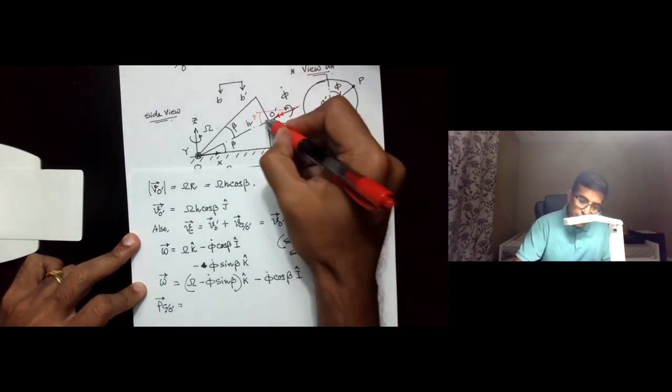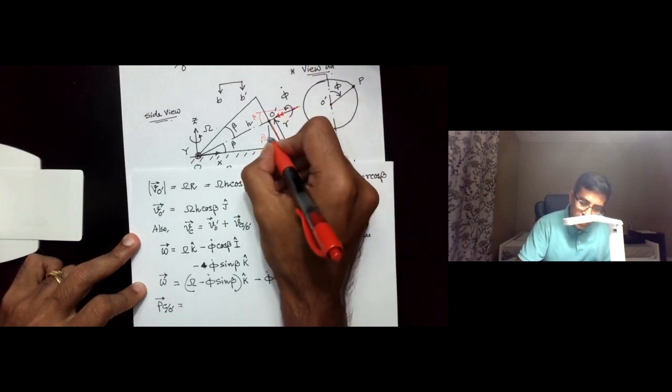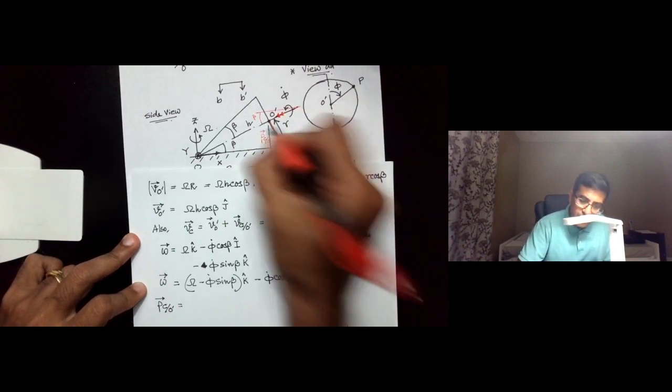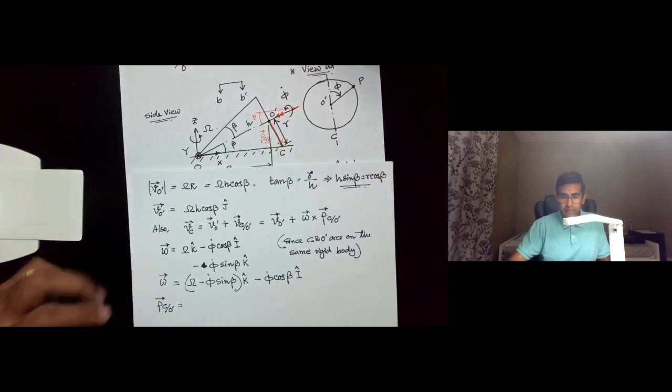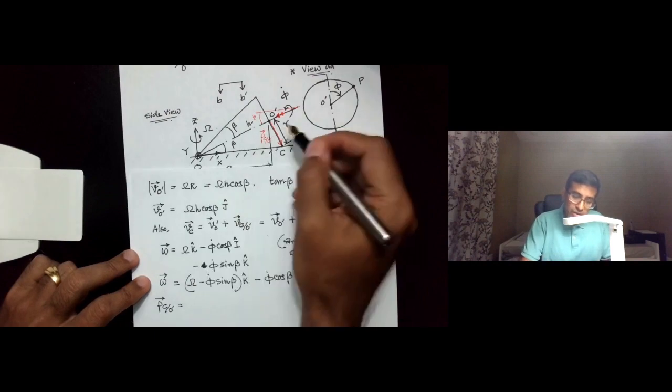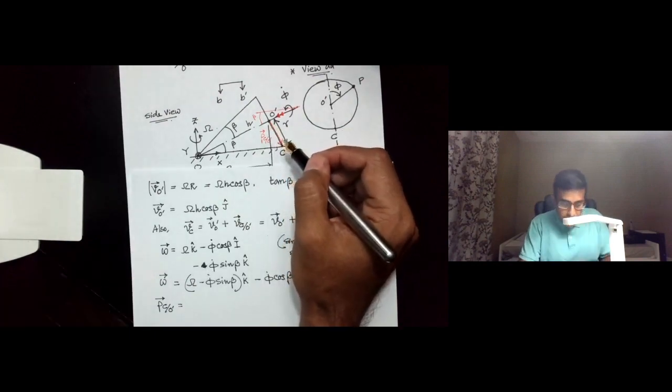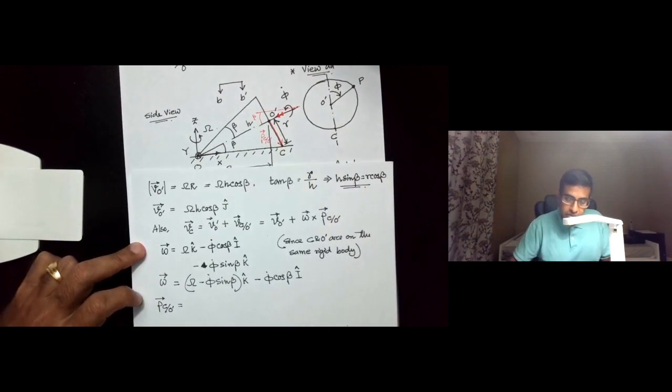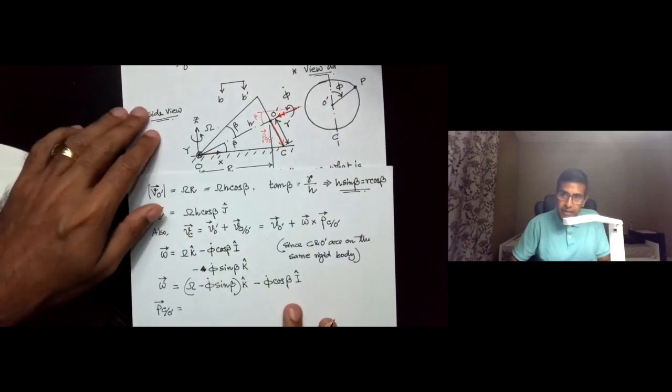That is c with respect to O prime. And again we need to resolve this vector along the directions of this triad here.